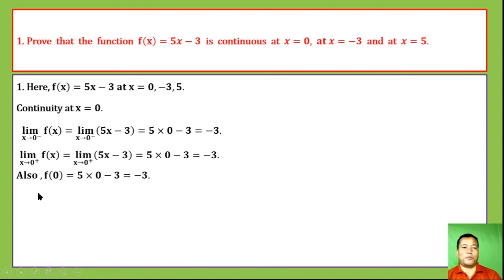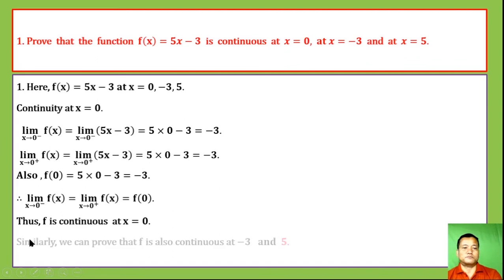Also the function value f of 0 is 5 into 0 minus 3, that is minus 3. These three are equal, therefore left hand limit equals right hand limit equals function value. Thus f is continuous at x equal to 0. Similarly, we can prove that f is also continuous at minus 3 and 5.